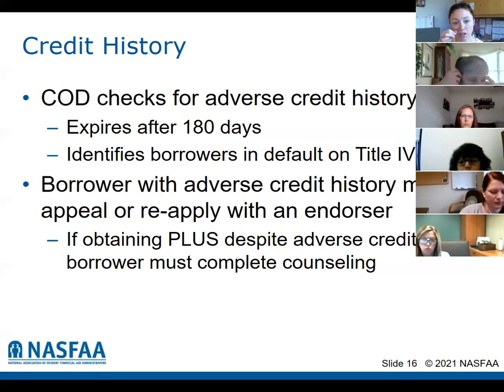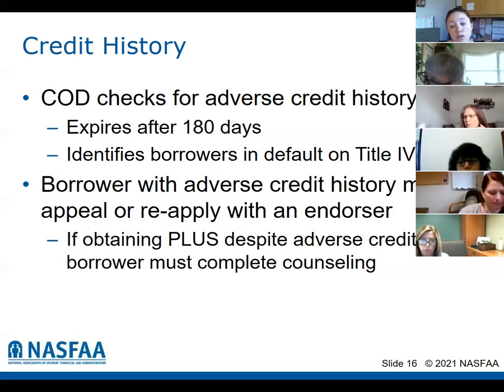Okay, so if somebody applies for a PLUS loan and they are denied because they do have adverse credit history, there's a couple things that they can do. They can appeal that item. So COD or federal student aid can inform the parent or student what that adverse item is.